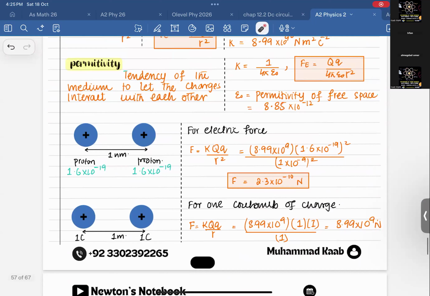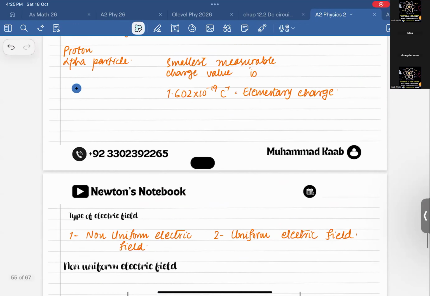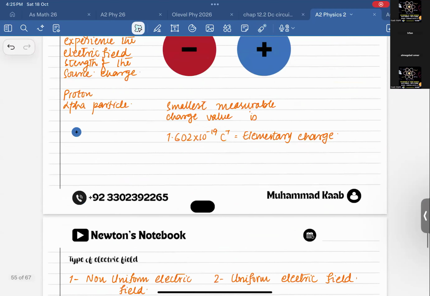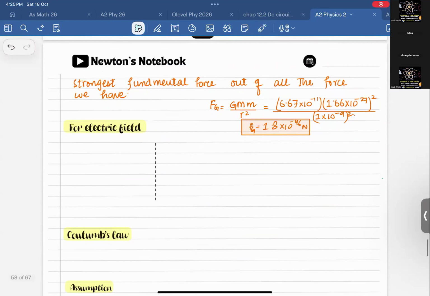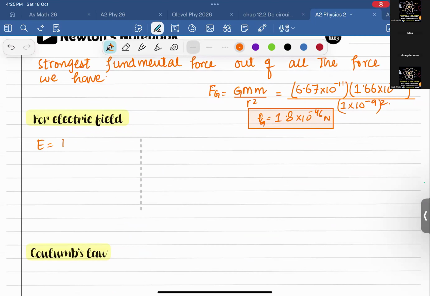Now, after studying the concept of the electric force, we have to understand the concept of electric field. Although we did some things regarding electric field previously, and we wrote the formula as well, from now on we started with the formula E equals Fe, the little e for the electric force, over q.